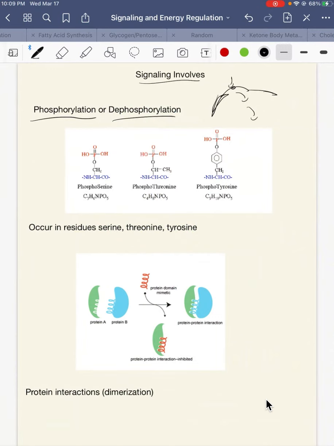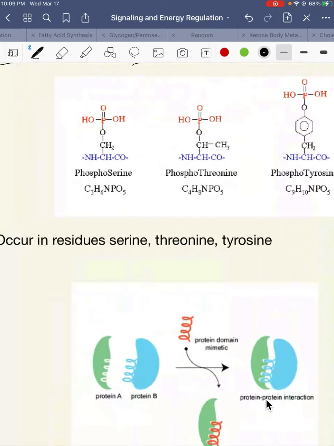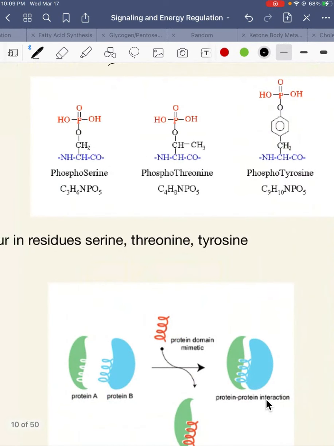The three amino acids that are usually phosphorylated are your serine, these are your ones that have the OH on them. Serine, threonine, and then tyrosine. So usually 99% of the time, those are going to be the ones phosphorylated.